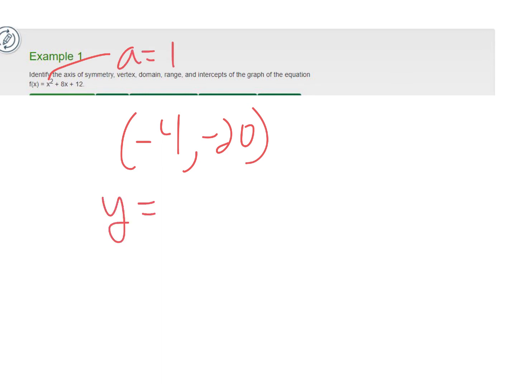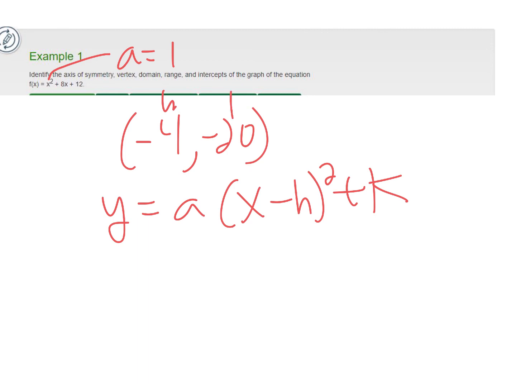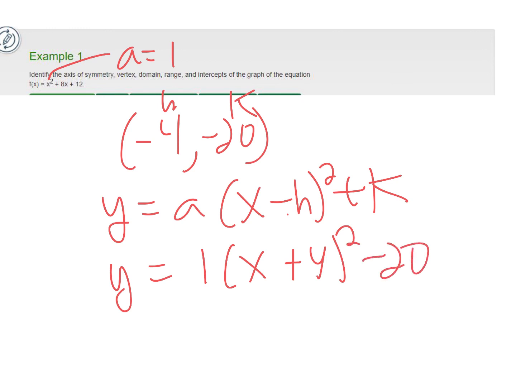So if vertex form is y equals a times x minus h squared plus k, and I know this is h and this is k, I can say y equals 1, if you want, times x plus 4, because it's minus a negative 4, right, squared, minus 20. So that's in vertex form.